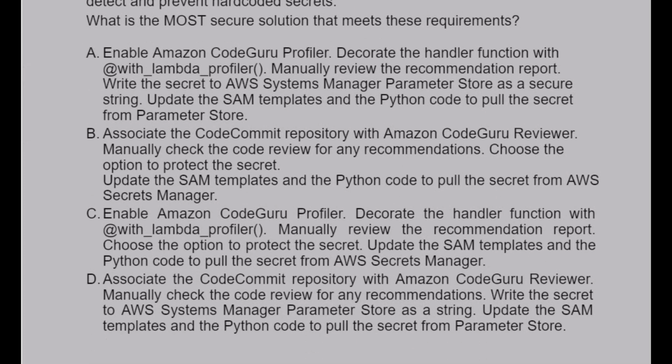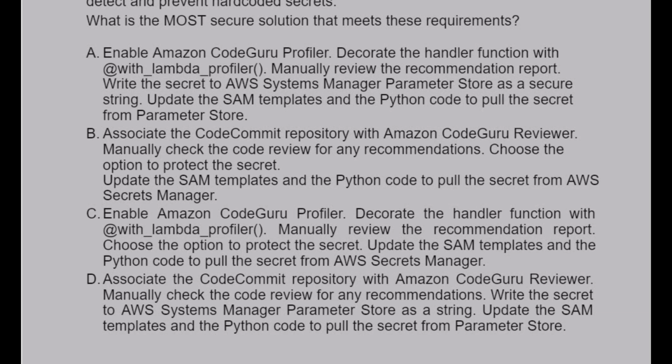Option A. Enable Amazon CodeGuru Profiler. Decorate the handler function with @with_lambda_profiler function. Manually review the recommendation report. Write the secret to AWS Systems Manager Parameter Store as a secure string. Update the SAM templates and the Python code to pull the secret from Parameter Store.